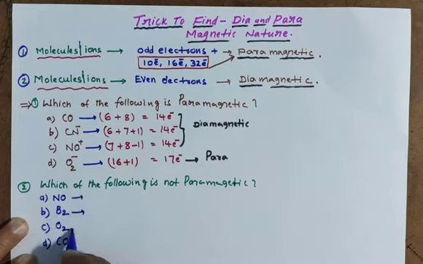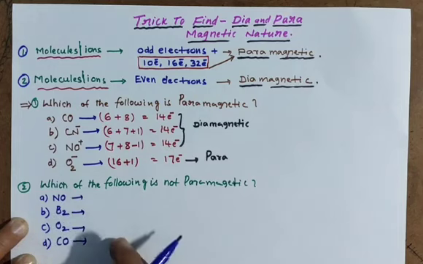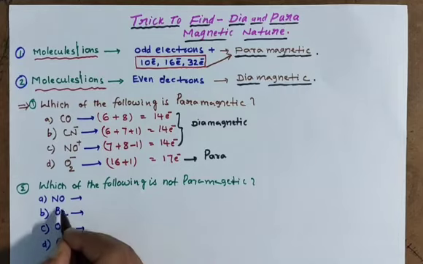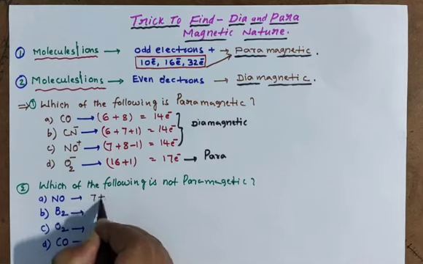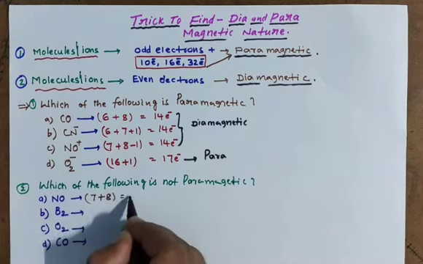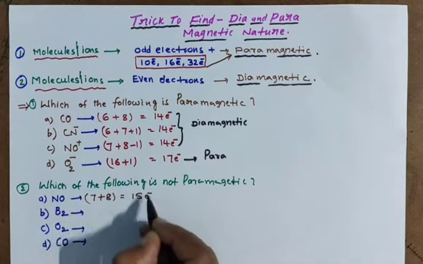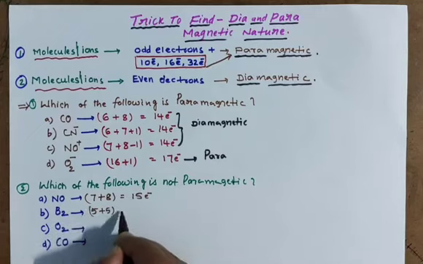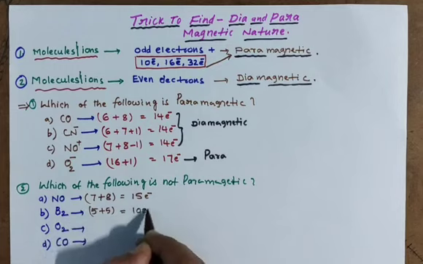Let me cross check whether it is an odd number or an even number. A very easy method, we can identify easily. Nitrogen 7, oxygen 8, together we have 15 electrons. Boron 5 plus 5, nothing but 10 electrons.